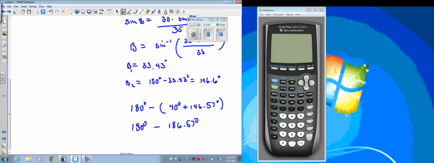Now if this angle were enough less so that the sum of these two was less than 180, then you'd have two triangles. If you look back at 313, if this is the situation, the third one down, notice that the sine of B was between 0 and 1.